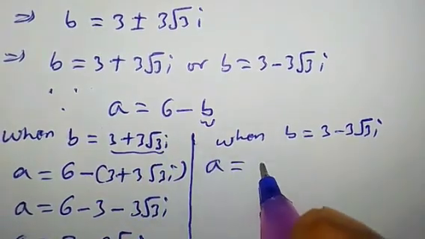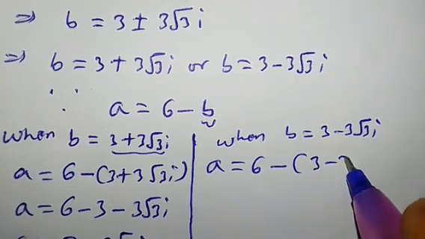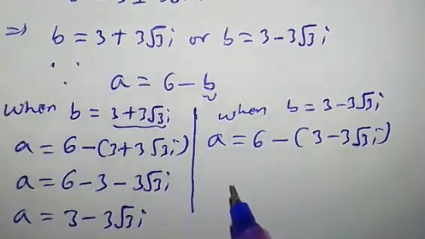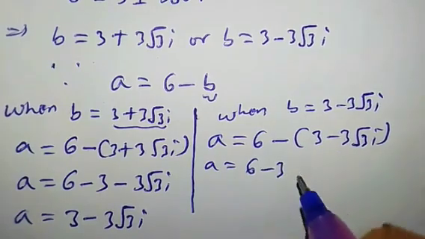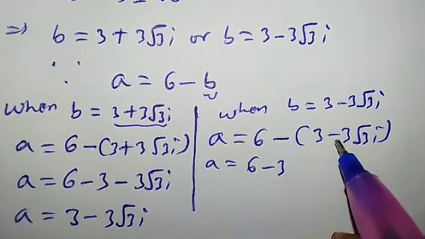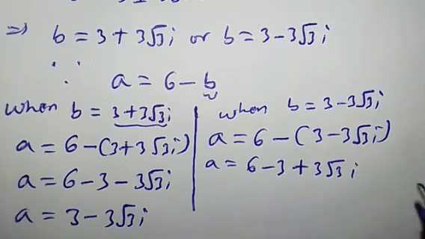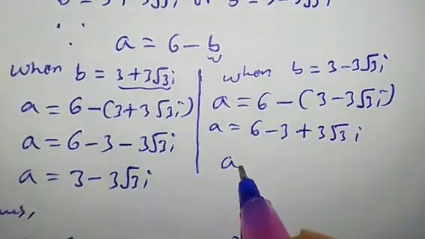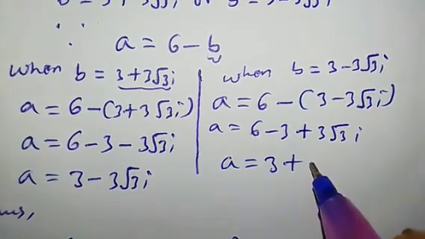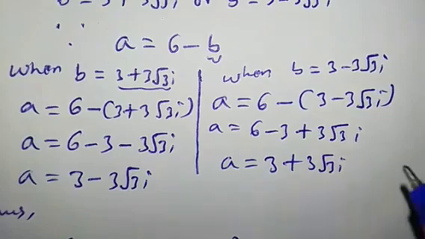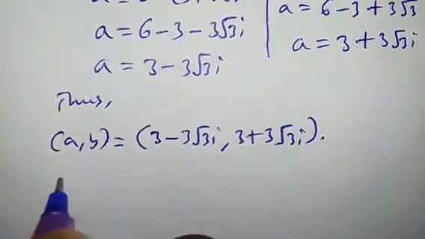We have a equal to 6 minus this 3 minus 3 root 3 i. a equal to 6 minus times 3, that is minus 3, minus times minus 3 root 3 i, that is plus 3 root 3 i. So we have a equal to 6 minus 3, that is 3, plus 3 root 3 i. That means the second solution, let's write it here.